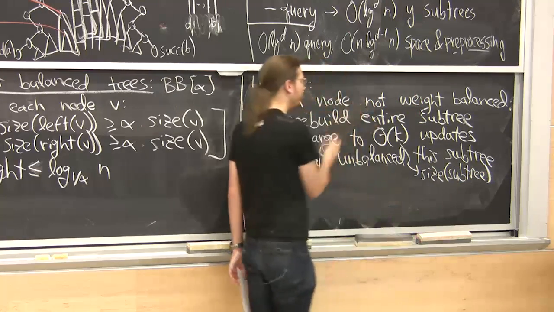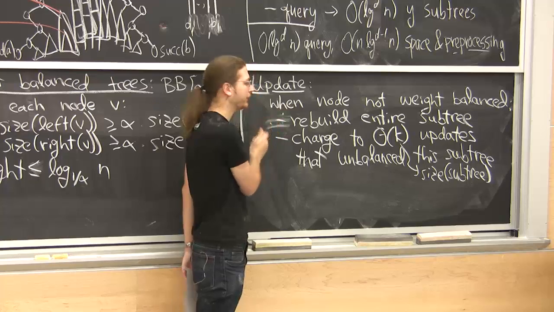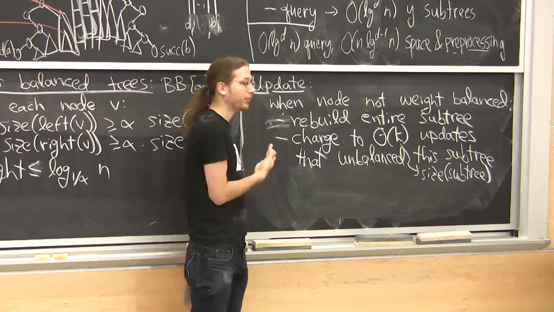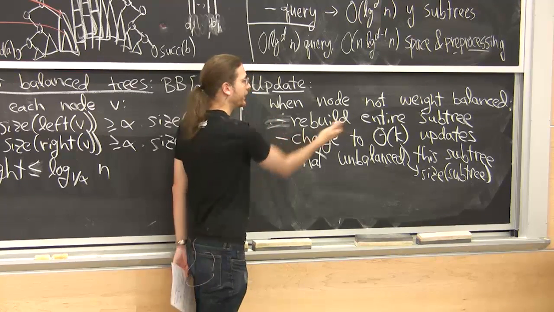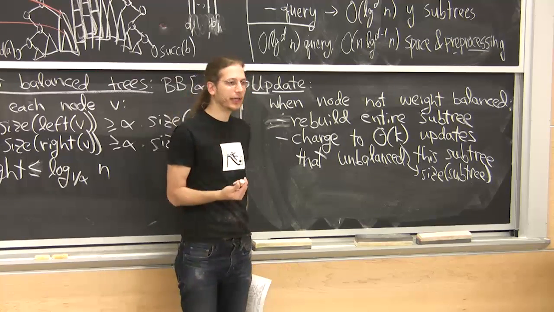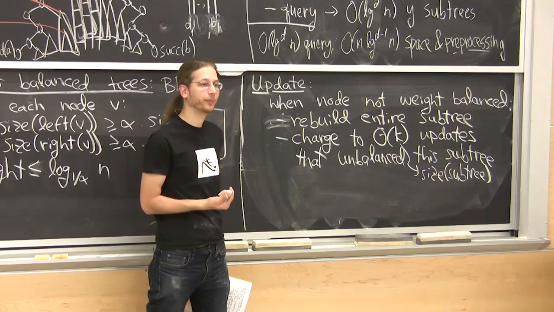So when I see a node is unbalanced, just fix it, make it perfect. And if the subtree started out perfect, I know there were theta k updates that I can charge to.